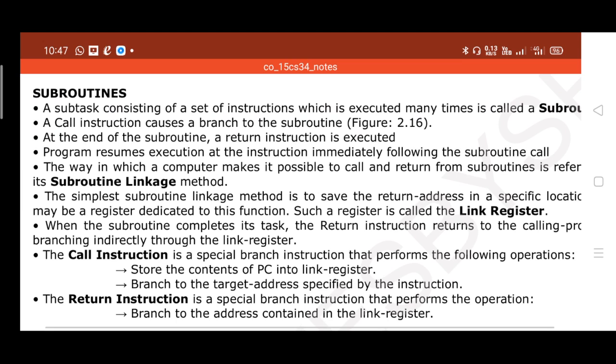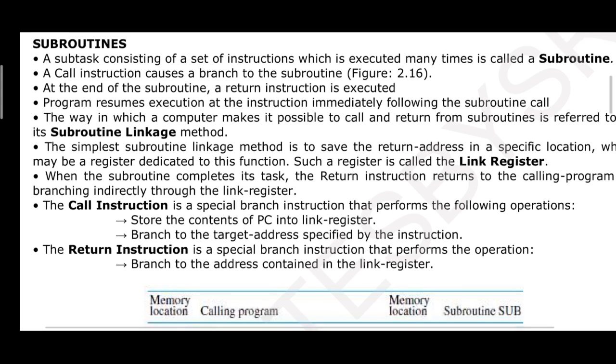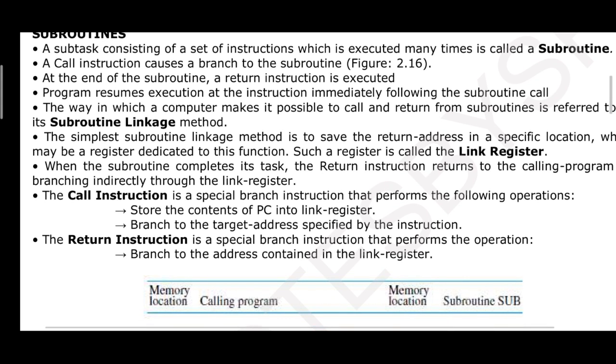The call instruction causes the branch to the subroutine, and at the end of the subroutine there is an instruction called the return instruction, which will take the control back to the calling function or main function. The program resumes the execution at the instruction immediately following the subroutine call.